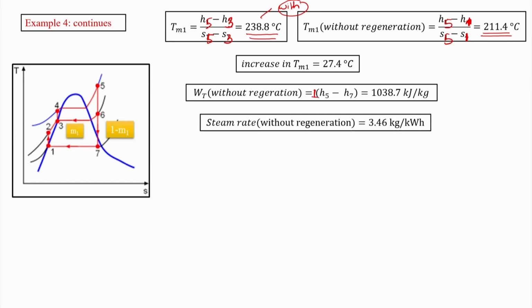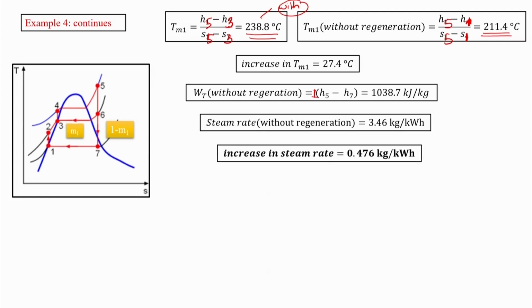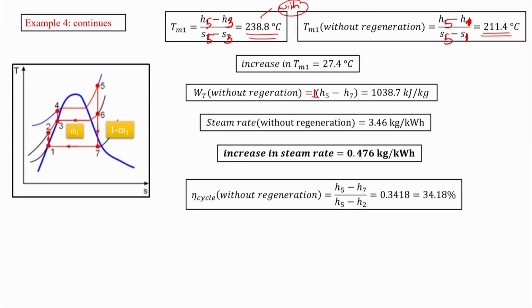So steam rate is 3600 divided by turbine work, and without regeneration it is 3.46 kg per kilowatt hour. So the increase in steam rate is 0.476 kg per kilowatt hour.